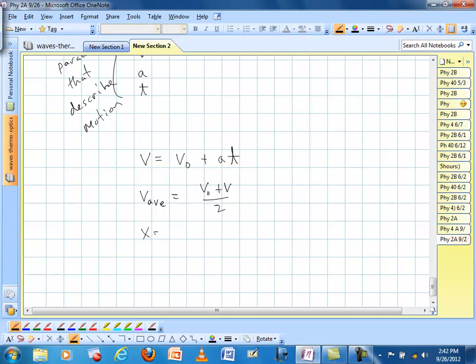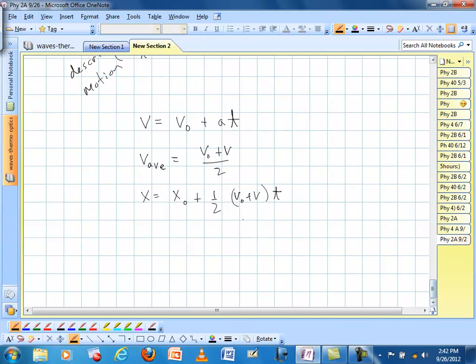Final position is initial position plus 1/2 v initial plus v final times time. That's the average velocity times time. This one we use a lot. Final position is initial position plus initial velocity times time plus 1/2 acceleration times t squared.